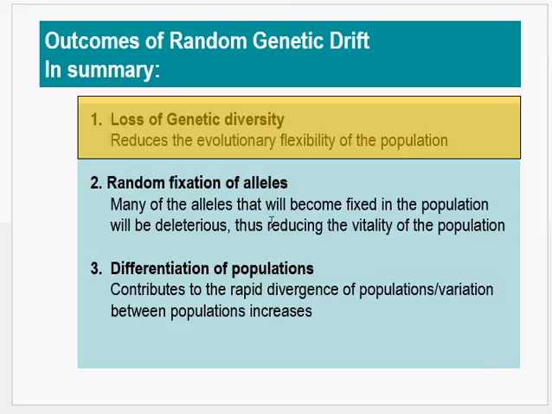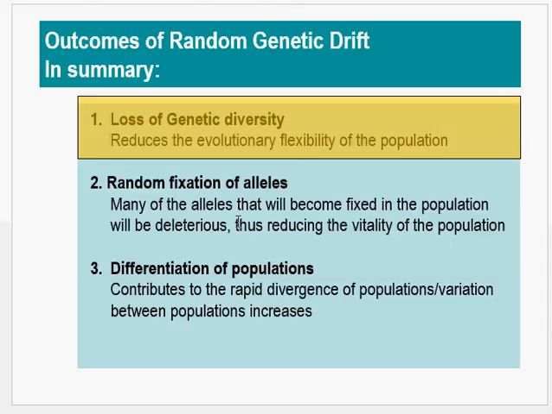And many of those alleles in the population may be deleterious, which reduces the vitality of the population. Okay? So the deleterious alleles become more expressed in that population, leading to problems in the vitality of the population.